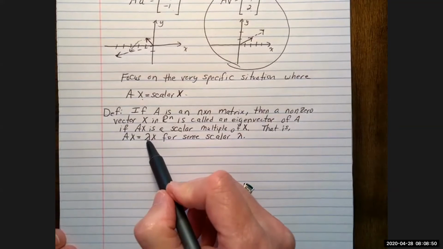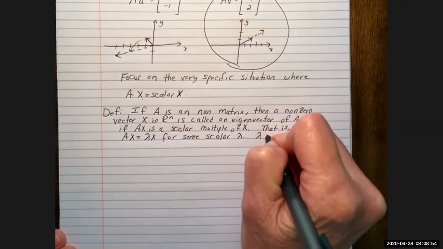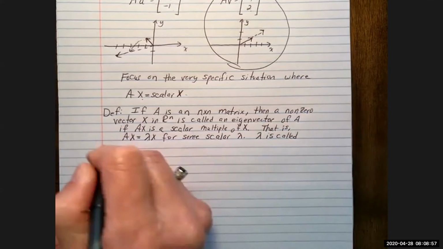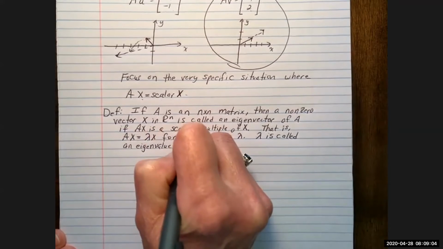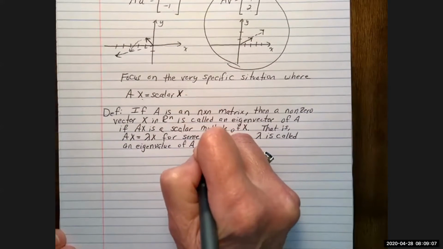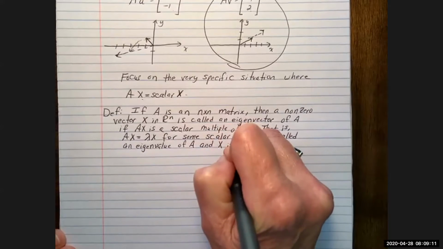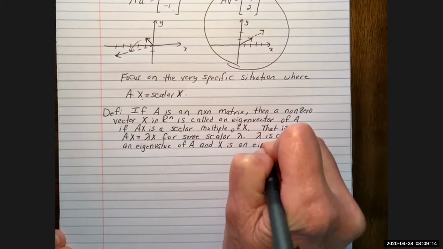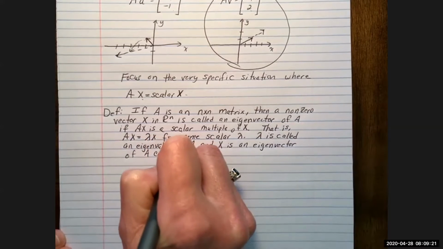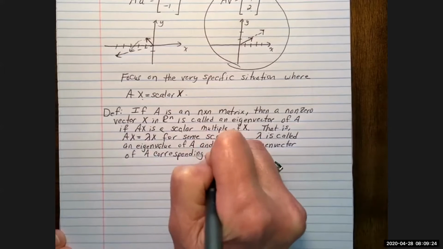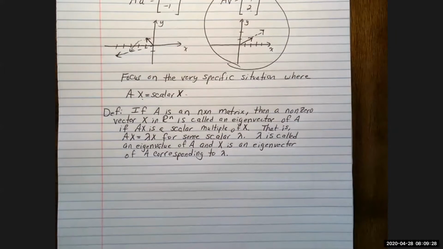This Greek letter we're dealing with is called lambda. Okay, so here we have both the definition for the eigenvalue and the eigenvector.